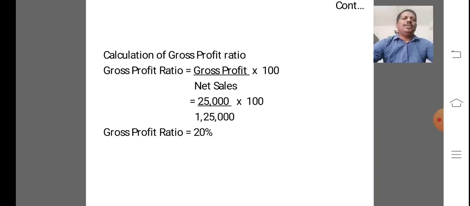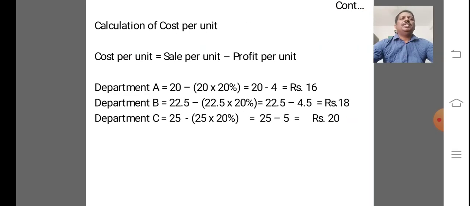Gross profit ratio is equal to gross profit divided by net sales into 100. Here gross profit is 25,000 and net sales is 1,25,000, into 100. So we have got gross profit ratio equal to 20%.